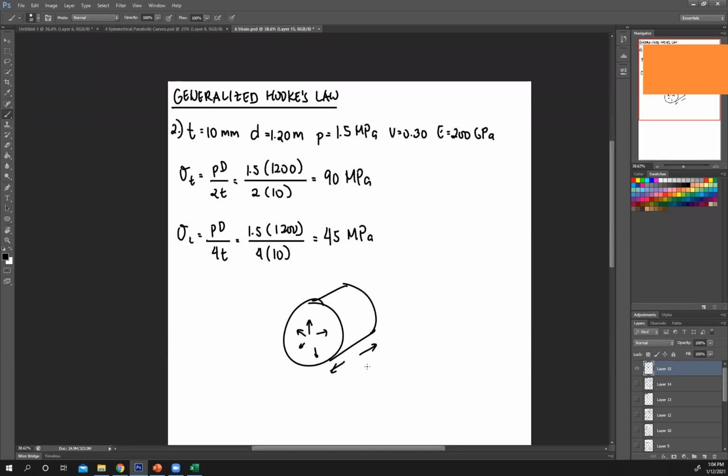Then along the direction of your cylinder is your longitudinal stress, right? Therefore, along what direction is the strain that we're looking for? If it's change in diameter, is that transverse or longitudinal? Correct Mark, it's transverse.